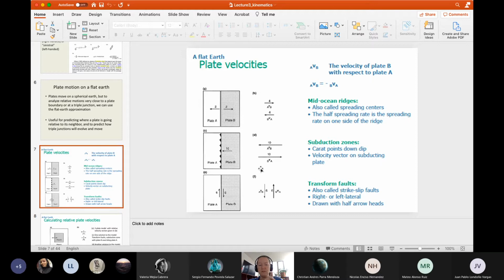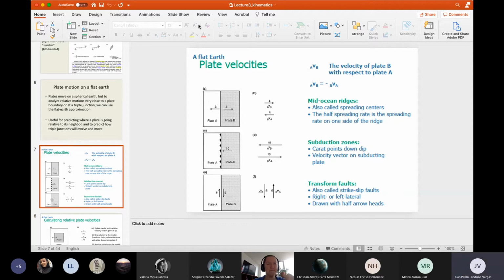Okay, trick question. Where is plate A moving with respect to the subduction zone line? A la derecha, ¿no? Sí. So here's the subduction zone line and plate A is moving across it.